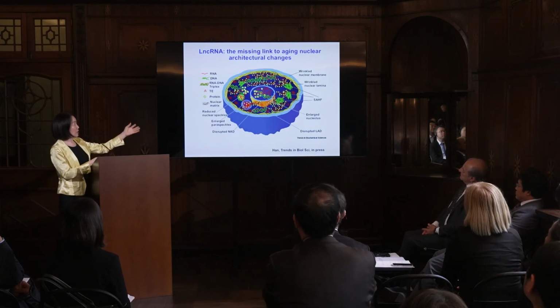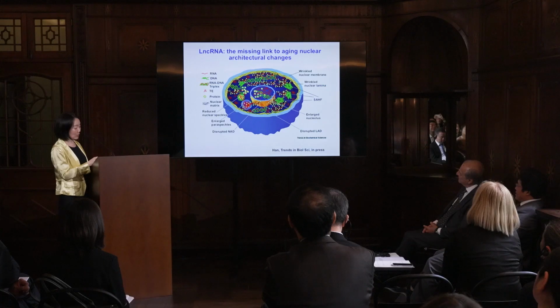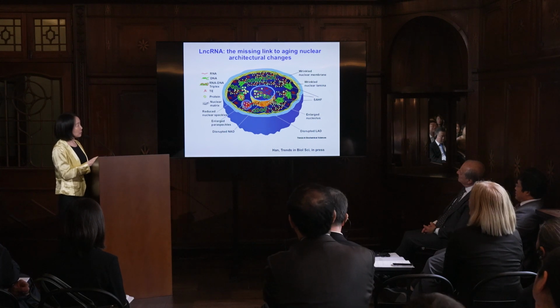To summarize all those lincRNA functions, I recently wrote a review. I actually like the picture I drew very much. It shows the damaged nucleus. You can see that the nucleus, like our human face, becomes wrinkled and basically a mess after the cell goes into aging or senescence.